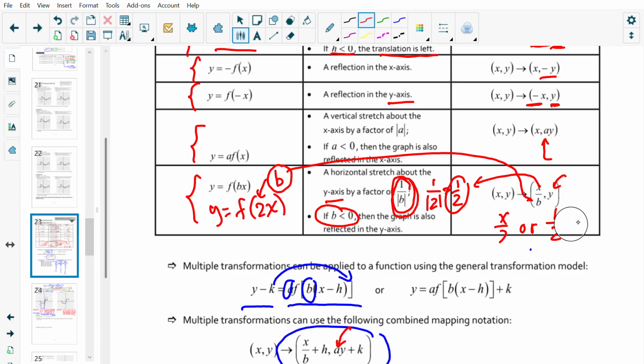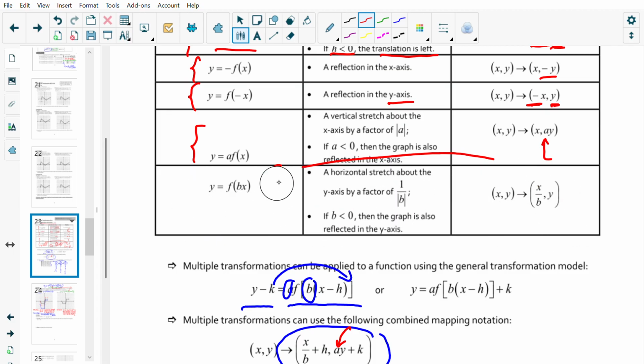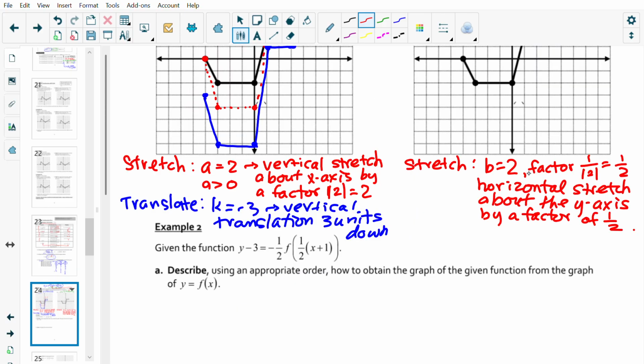Go back to this. Here's my b value. When I map it, I divide x by b, or I multiply x by the factor. It's the same thing. Okay, so in this case, the b value is 2.